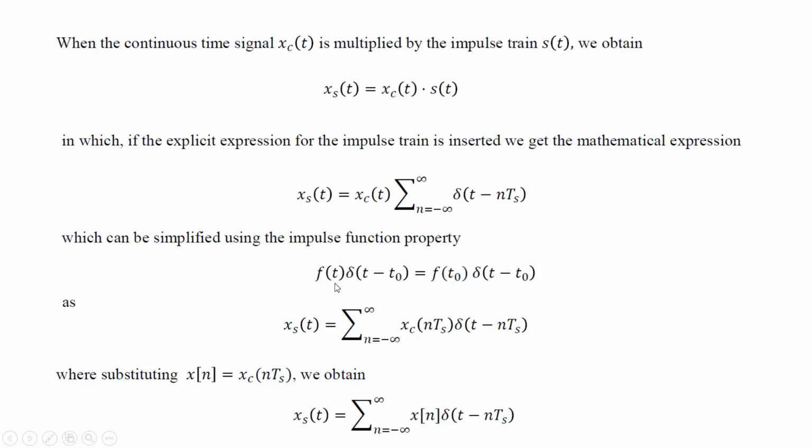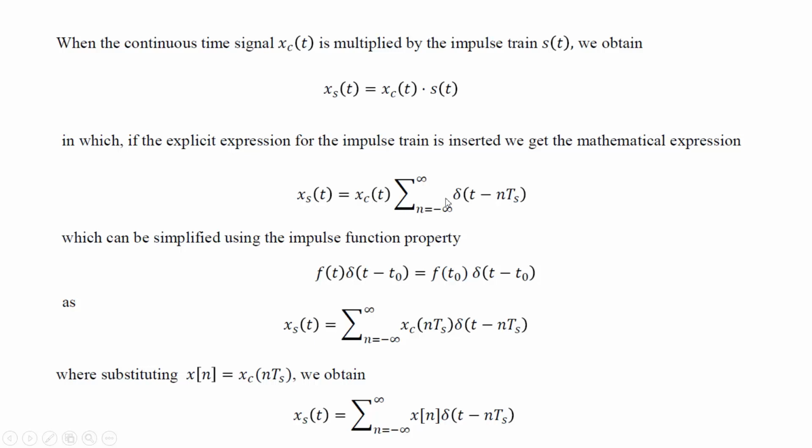If a function is multiplied with delta t minus t0, then t will be replaced with t0, and we get f(t0) delta t minus t0. Now in this case, x_c(t) is the function f(t), and x_c(t) is to be replaced with x_c(t0).